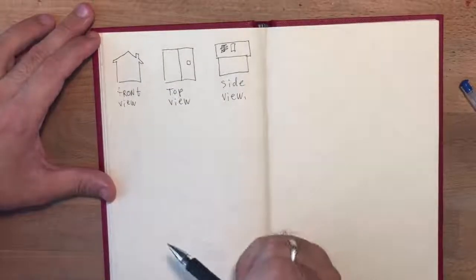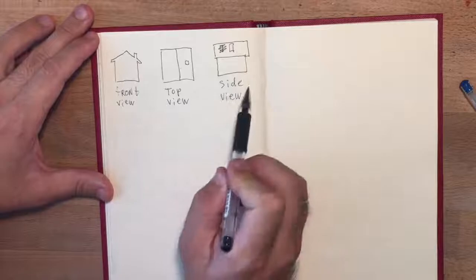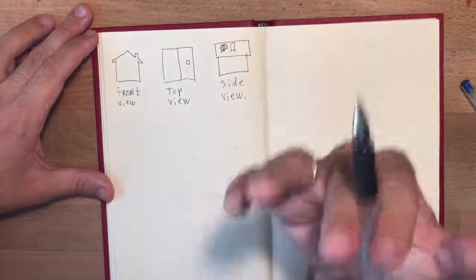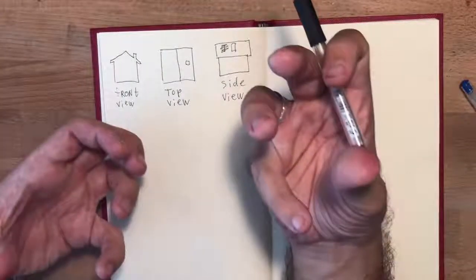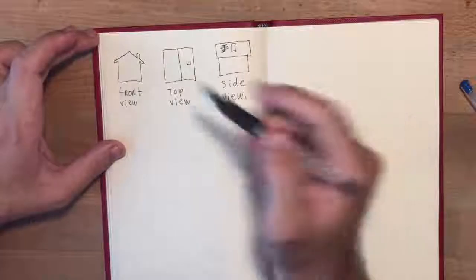So this is why we have these three types of view, front, top and side, because this is what we need to know to understand form in a space, to have all this complete data.